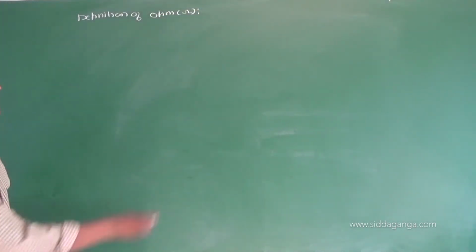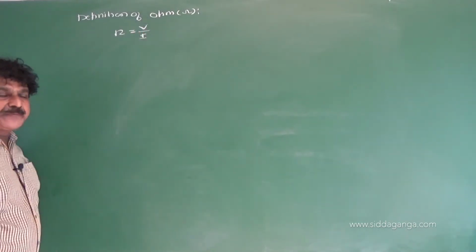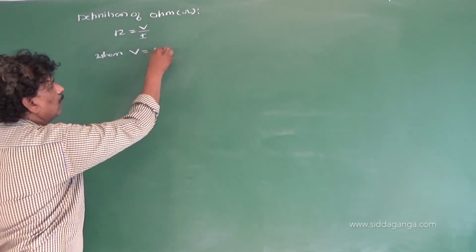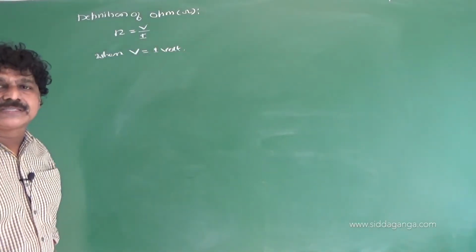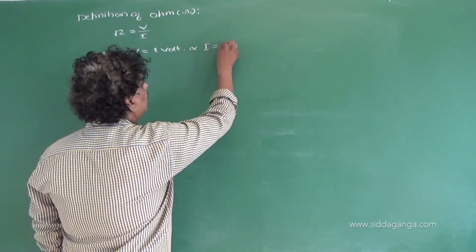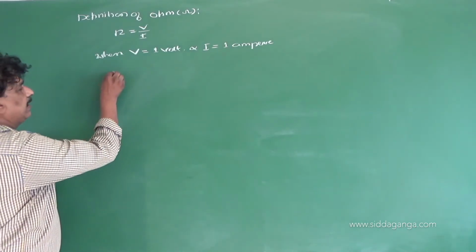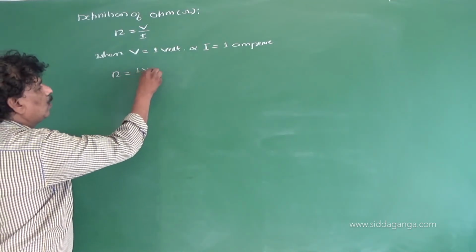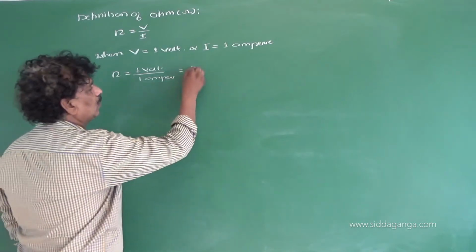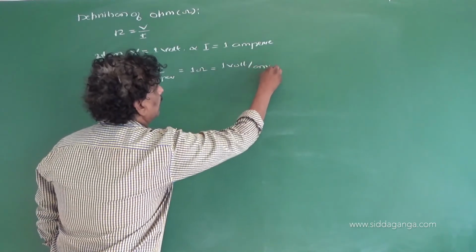Again, we have R is equal to V by I. When V is equal to 1 volt, that is, the applied potential difference across a conductor is 1 volt, and the current obtained I is equal to 1 ampere, then R is equal to 1 volt by 1 ampere, which is equal to 1 ohm, which is equal to 1 volt per ampere.